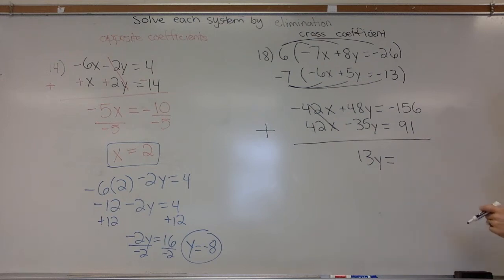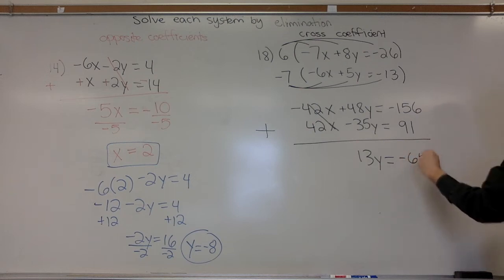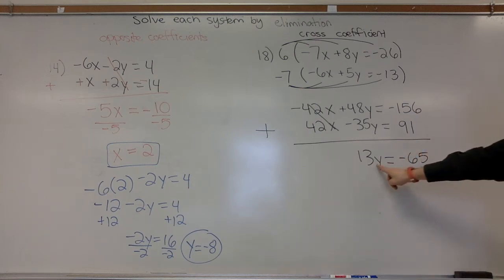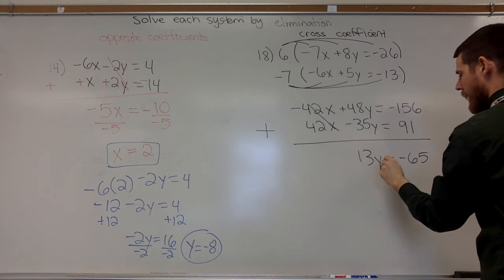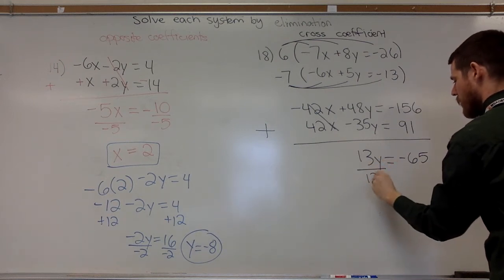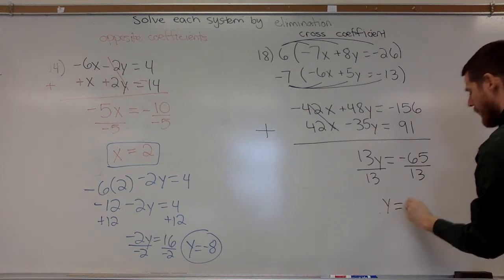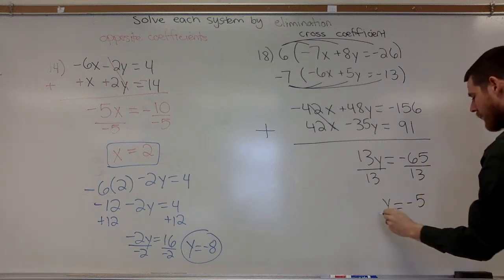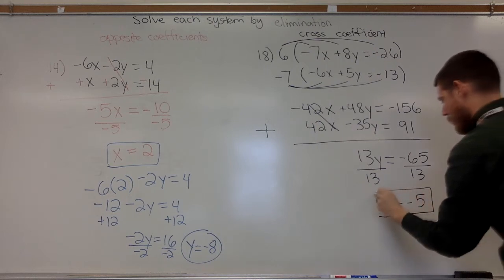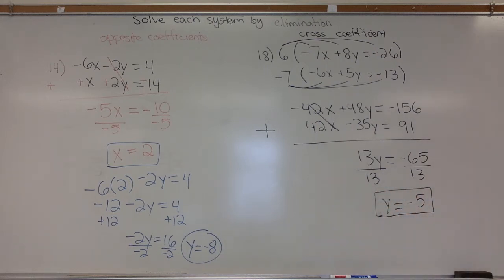That is negative 65. And then I have to get rid of this 13, but again, I'm keeping the y, so division is going to separate the number from the letter. And I get my wonderful answer, clean integer value of negative 5.